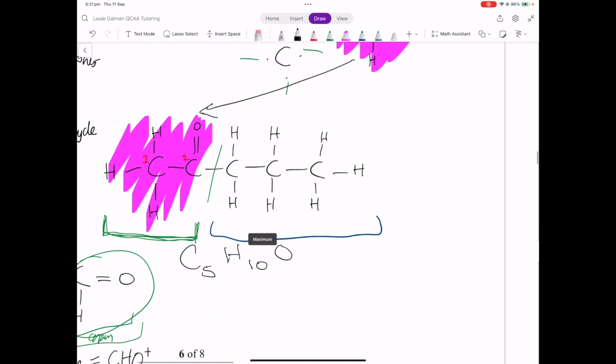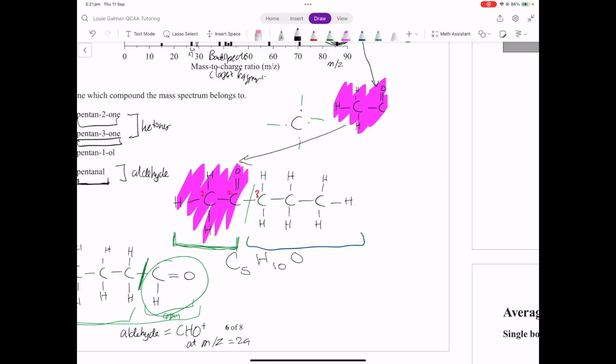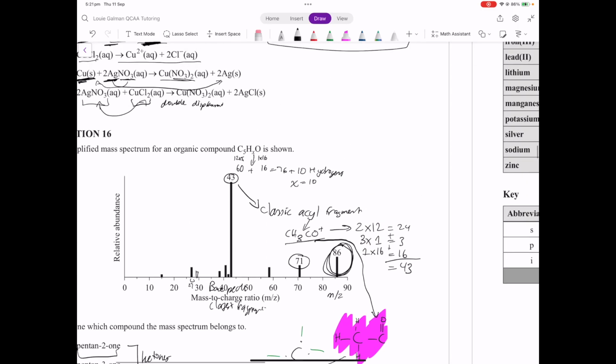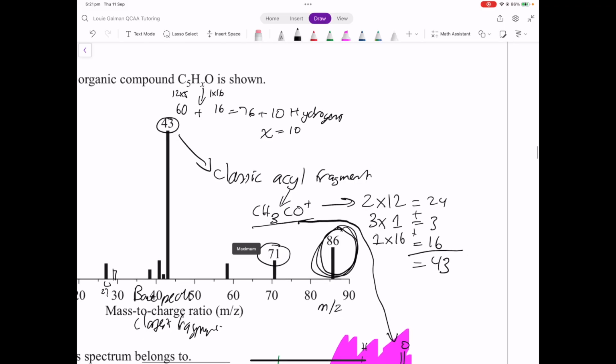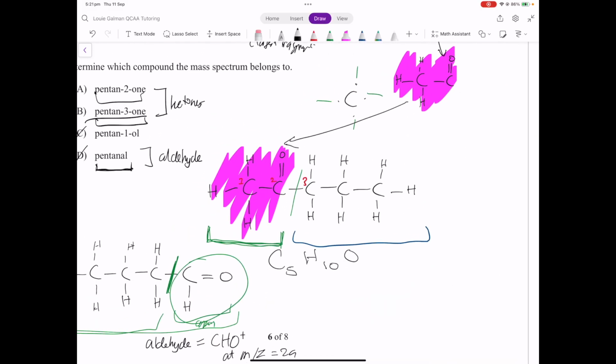So basically pentan-3-one is just the third carbon in the middle here having that double bond O, but you can sort of tell just by looking at it that we can't cut off any section and simply have that classic acyl fragment of the CH3CO, because wherever we cut it, the side with the oxygen is always going to have 3 carbons.